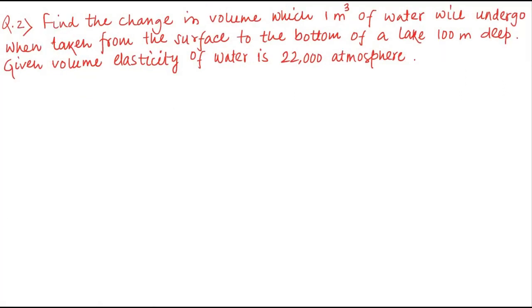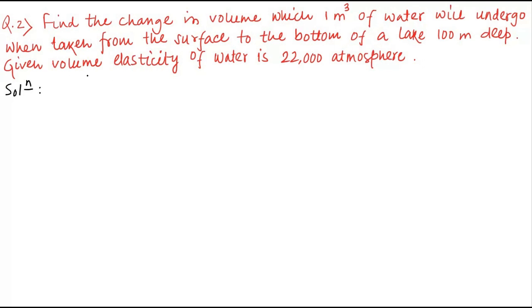Question number 2 is: find the change in volume which 1 meter cube of water will undergo when taken from the surface to the bottom of a lake 100 meter deep. Given volume elasticity of water is 22,000 atmosphere. Okay.